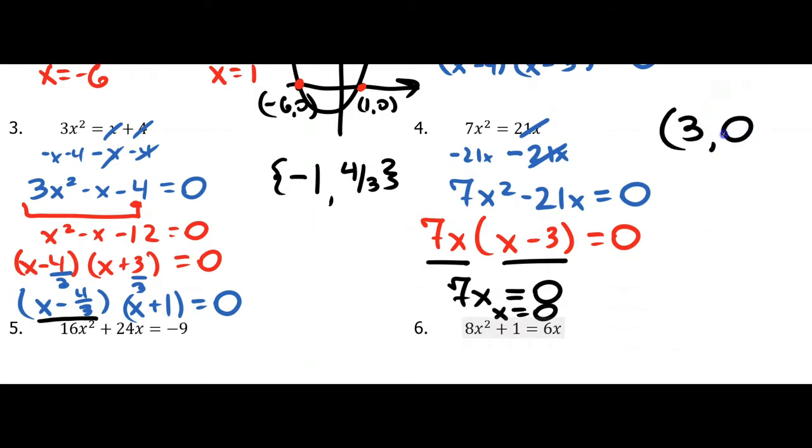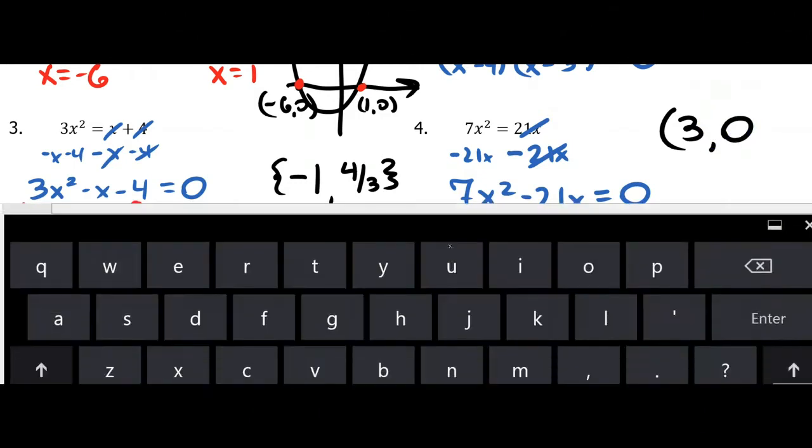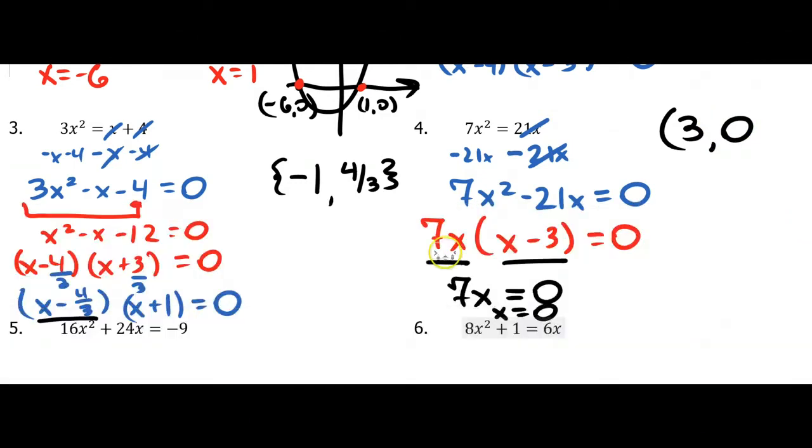So this is a case where if you ever factor out a variable as a GCF, that means that one of your zeros is going to actually be the number 0. Okay, so your solutions to this equation number 4 are going to be the numbers 3 and 0.